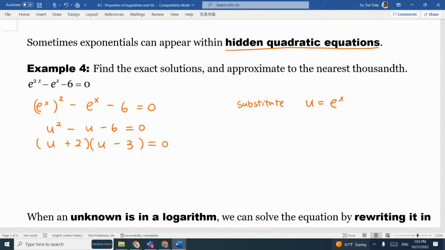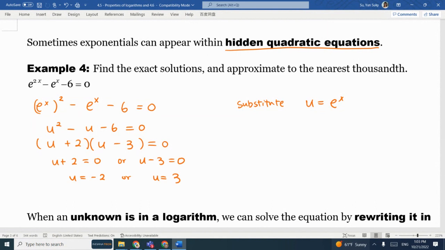Awesome. So we got u plus 2 is 0, or u minus 3 equals 0. So far, so good, everybody? Solve for u. What is u? Negative 2 or 3.